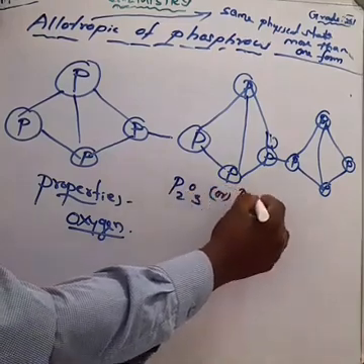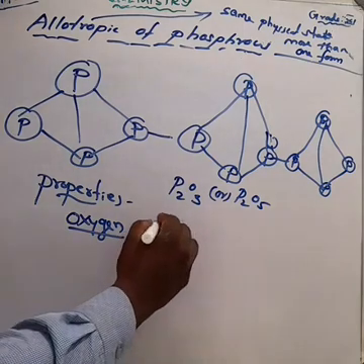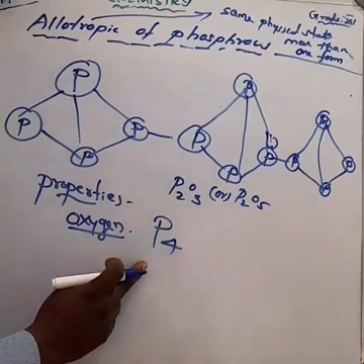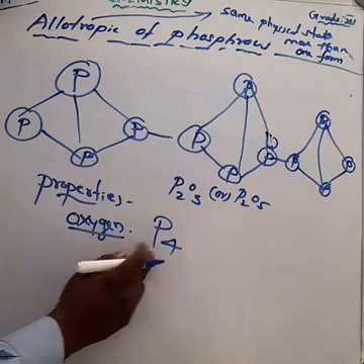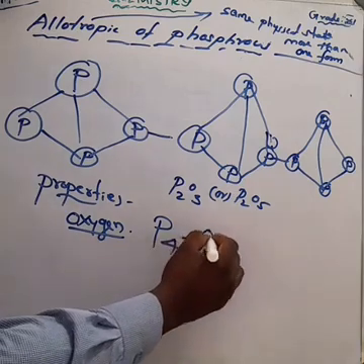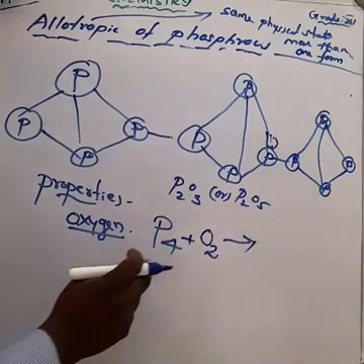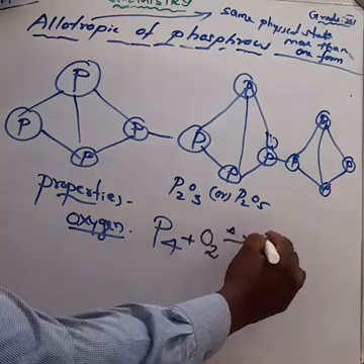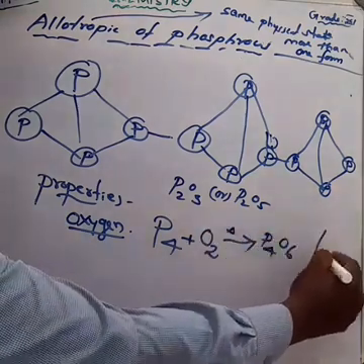Am I right? We are learning about the chemical properties. Phosphorus is a polyatomic element, as I told you previously. Here, P4 reacts with O2 on heating and we get P4O6, which can otherwise be written as P2O3, phosphorus trioxide.